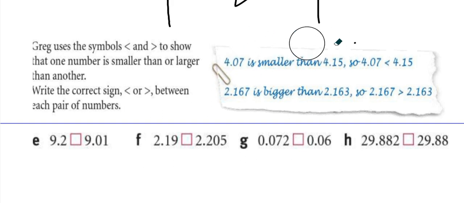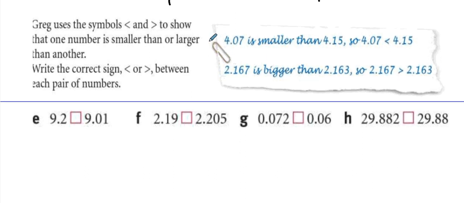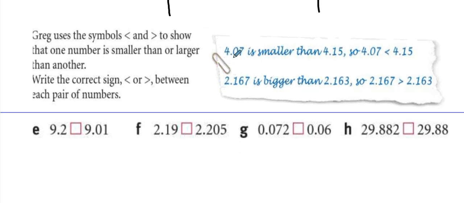compare two decimal numbers. Okay, let us see. For example, 4.07 is smaller than 4.15. Is that true? 4.07, 4.15. Yes, 4.0 and 4.1.